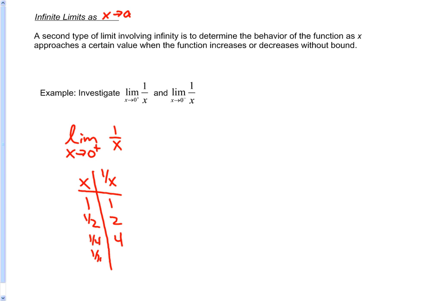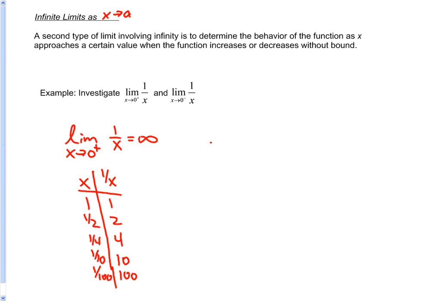When we put in 1/10, 1 divided by 1/10 is 10. When we put 1/100th in, 1 divided by 1/100th is 100. So it looks as x gets closer to 0 from the positive side, the function 1 over x keeps growing and approaches positive infinity.